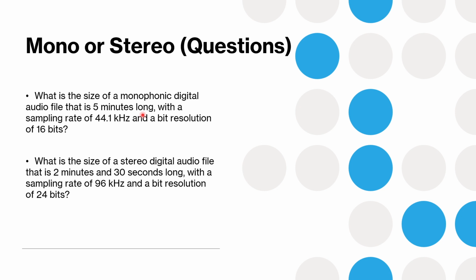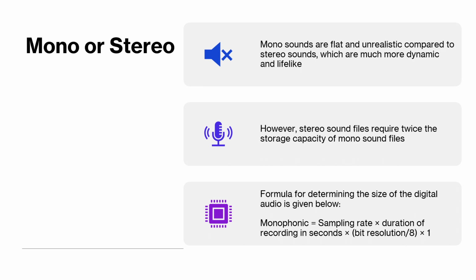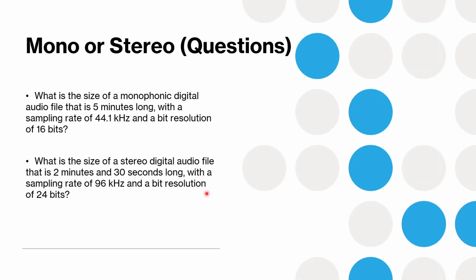So we have a sampling rate of 44.1 kilohertz times 300 seconds times 16. We've been given 16 bits, so that is the bit resolution, and that's 16 bits over 8, times 1.